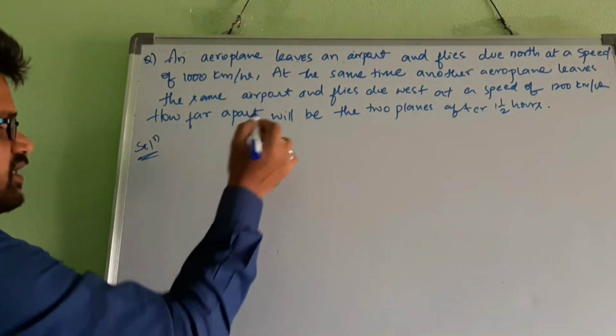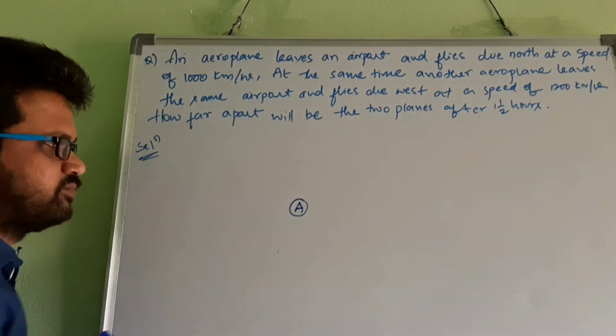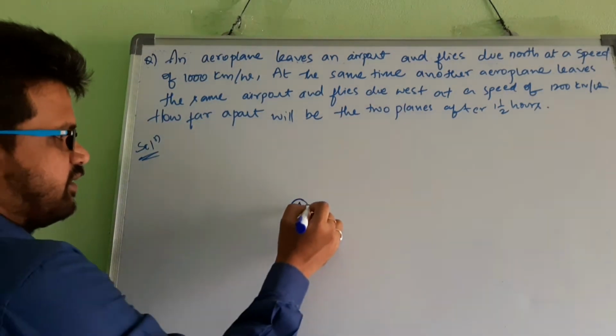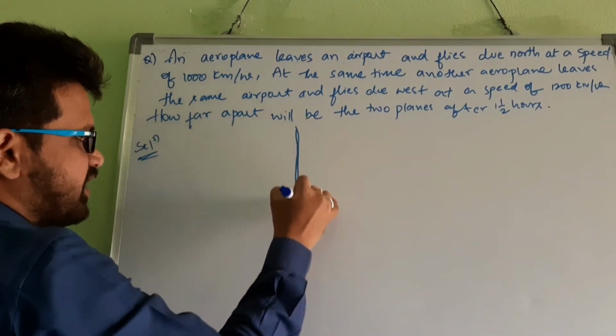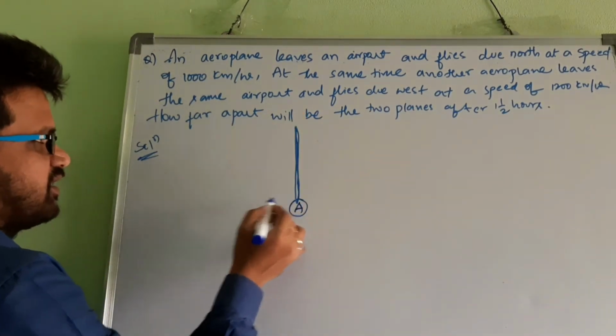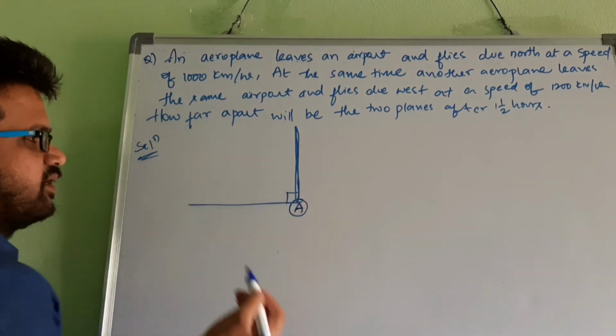See here, based on the given data, we can draw it. Let us take this as the airport, and from here towards north is this direction, and another one is towards west, this direction. Both are perpendicular, you know, right?